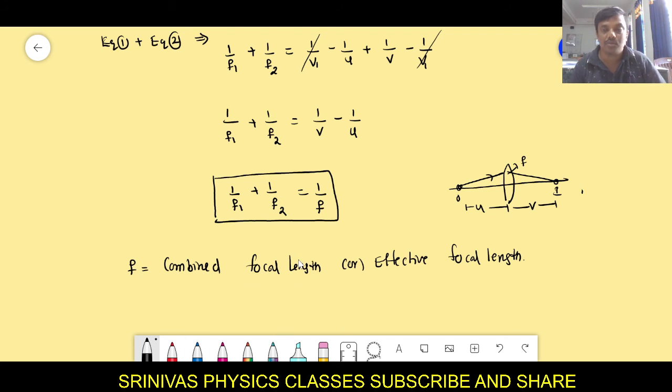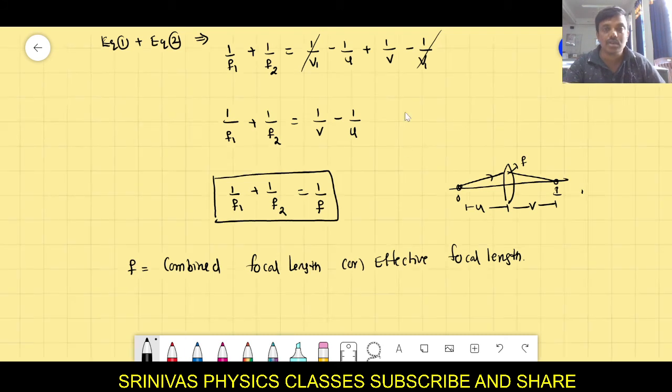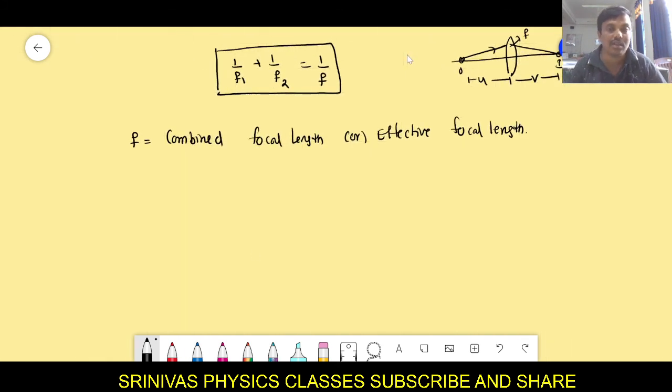Then if you want to use this formula to find out the total focal length, simply total focal length, right? We write it like this: 1 by f is equal to 1 by f1 plus 1 by f2.